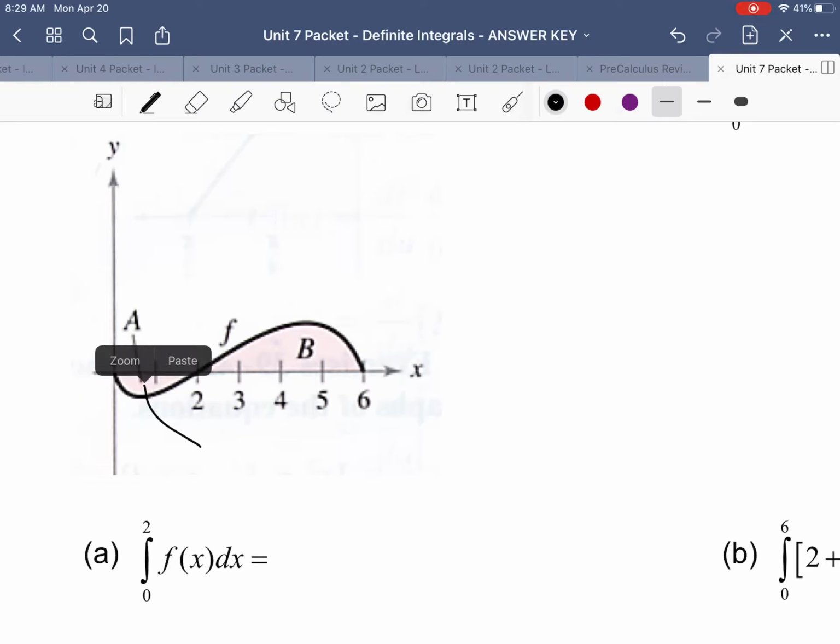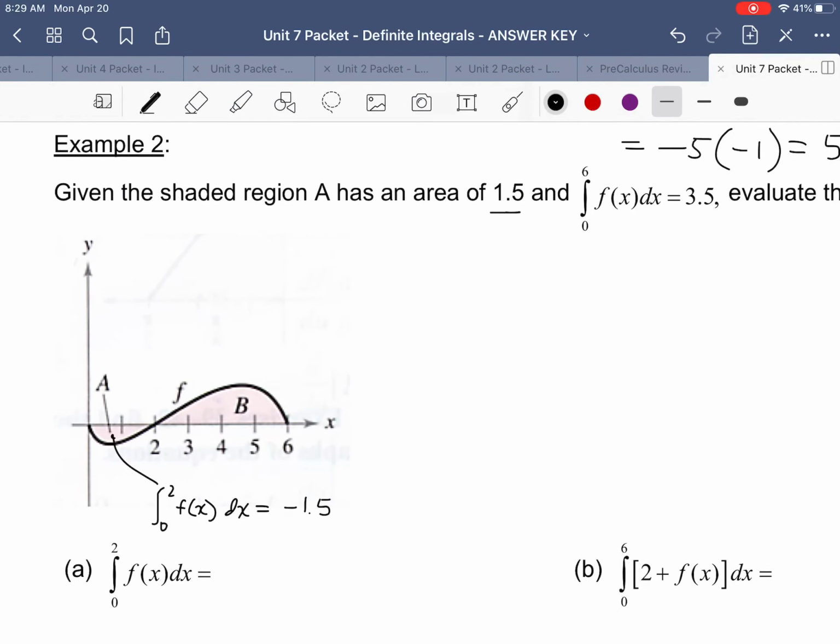Area for A, because it's below the x-axis, has to be such that the integral on the interval of 0 to 2 of f of x dx is equal to negative 1.5. I've been using integral and area interchangeably in terms of the terminology, but we're going to find later on that they're not exactly the same thing.